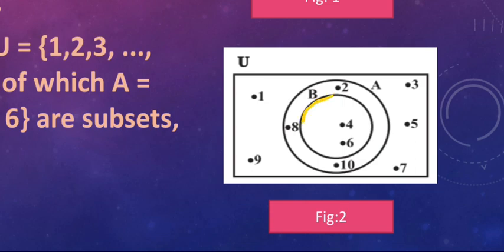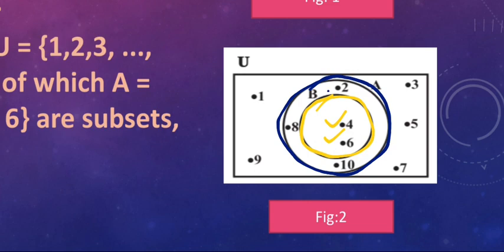Circle B contains the elements 4 and 6, whereas circle A contains all the elements inside this circle.